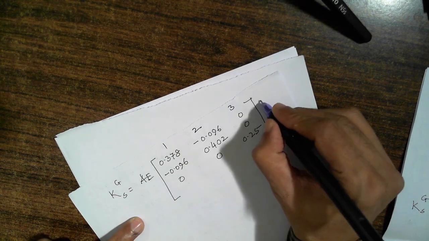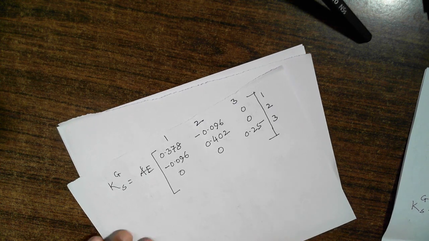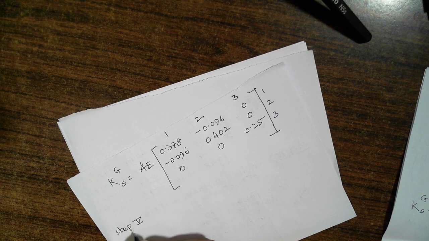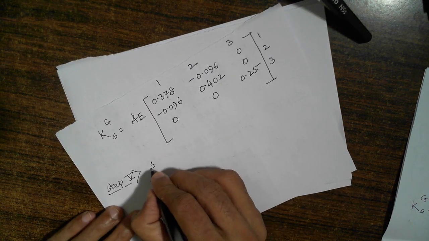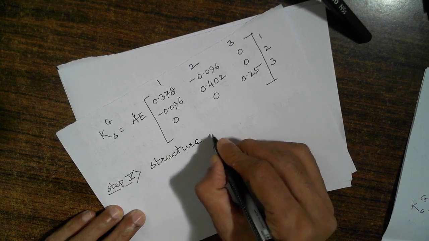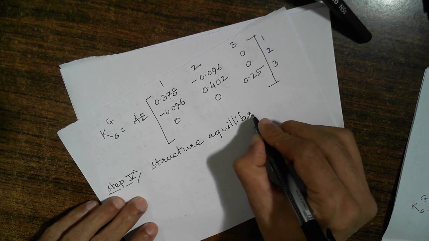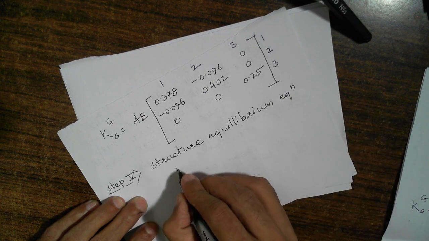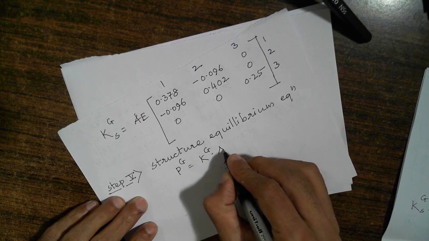Now all of us know the next step is writing the structure equilibrium equation. That is step 5. Step 5 is writing the structure equilibrium equation and getting the unknown displacements. The structure equilibrium equation is P global equals K global delta global.